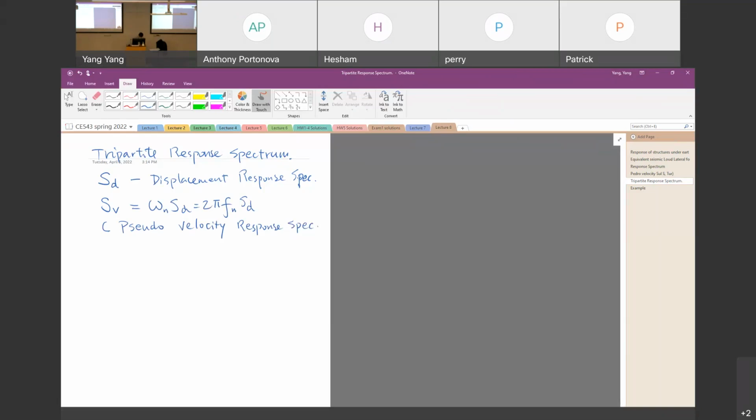There is a relationship between the pseudo velocity and the displacement. So now we take the log on both sides.